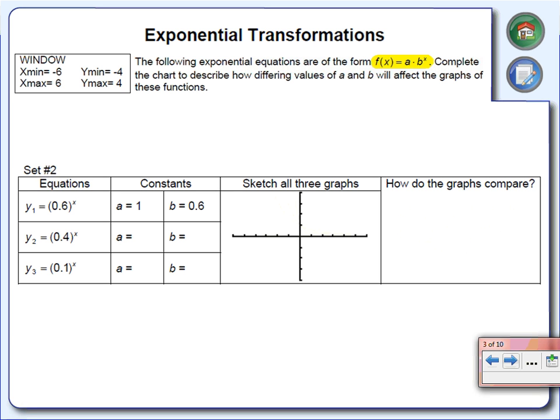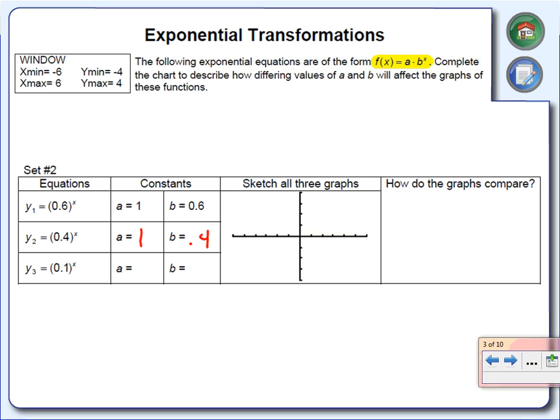Now this set of equations, just like the first set of equations, has an a and a b. So if you look at the second equation, 0.4 to the x power, Mason, what is the a value on that equation? 0.6. No, I'm looking for the a. 1. B is that 0.4. If you look at the last equation, it also has an a value. Samantha, what is the a value on that last equation?